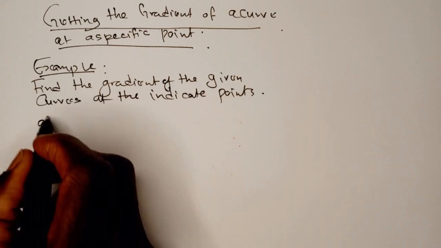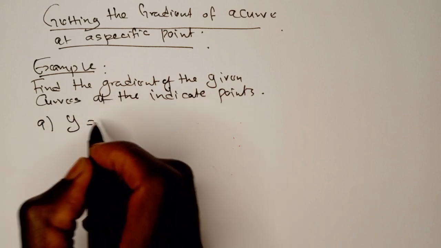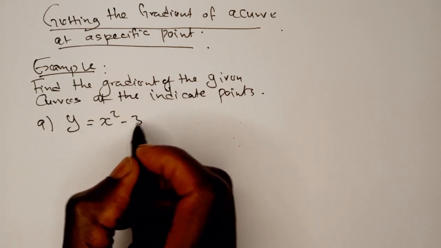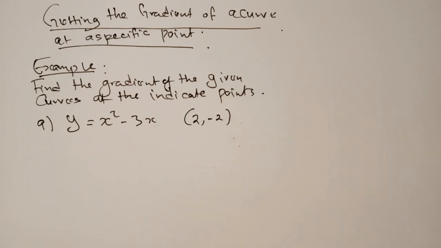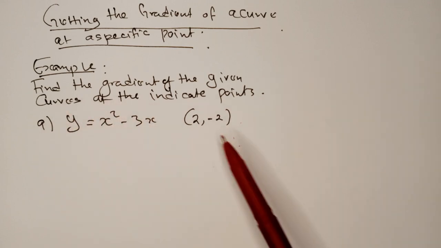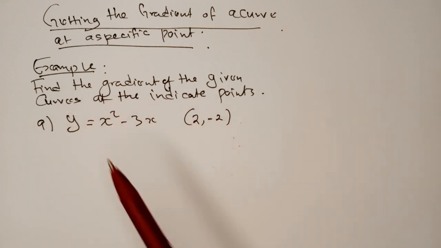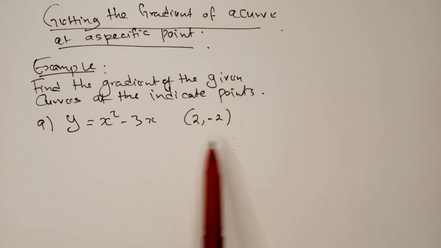So I'm having y is equal to x squared minus 3x at point (2, -2). So we want to get the gradient of this function at this point. So we said you find the gradient function. The gradient function will be the one which will help you to get the gradient at this point.